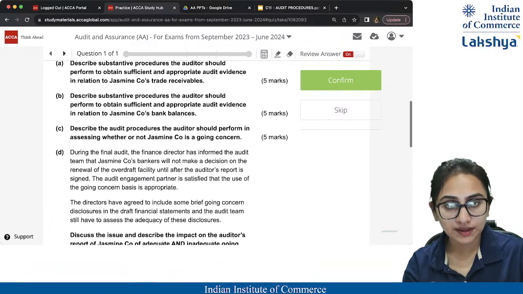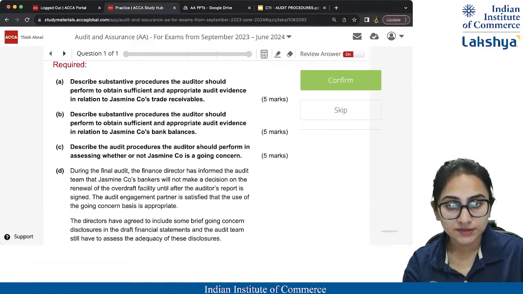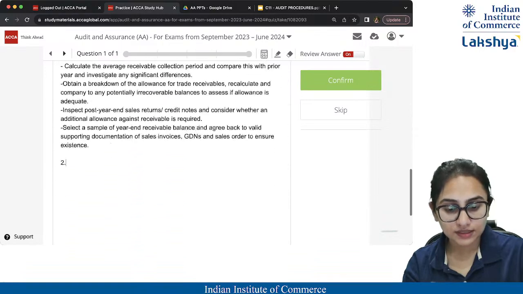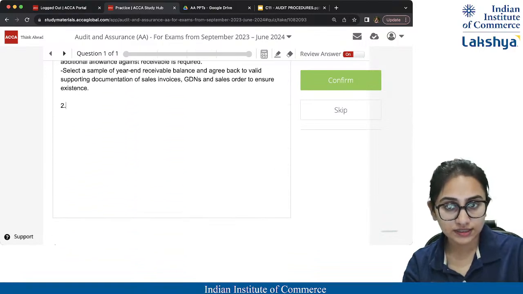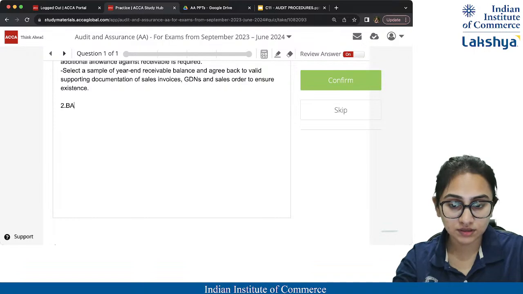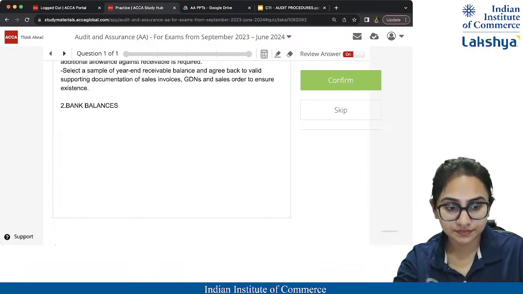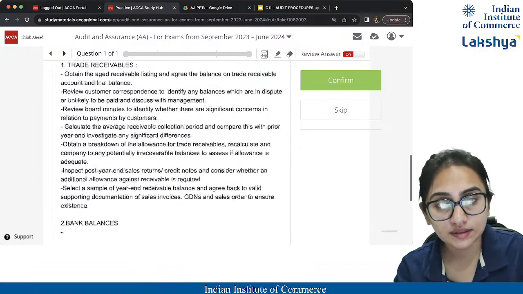The second one we have is substantive procedures on bank balances. That is, you want to confirm and check the bank balances. So for that, let's read once again the bank balance.